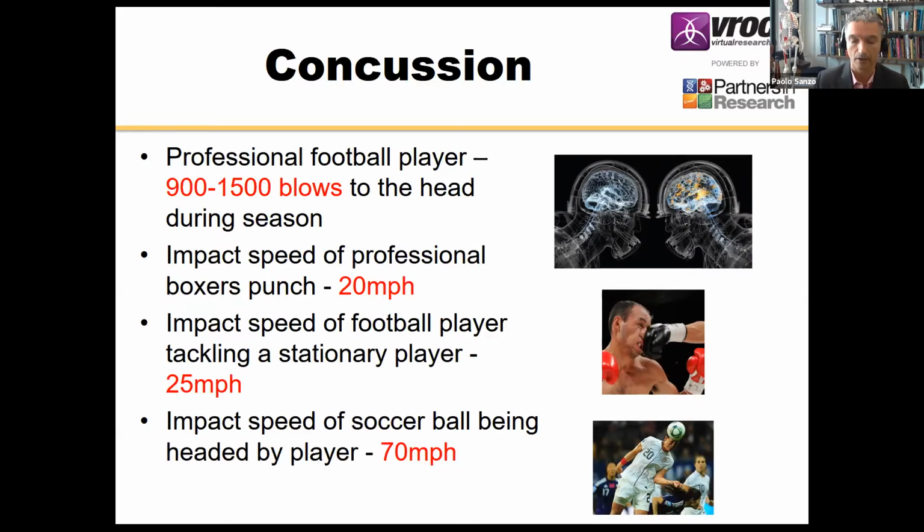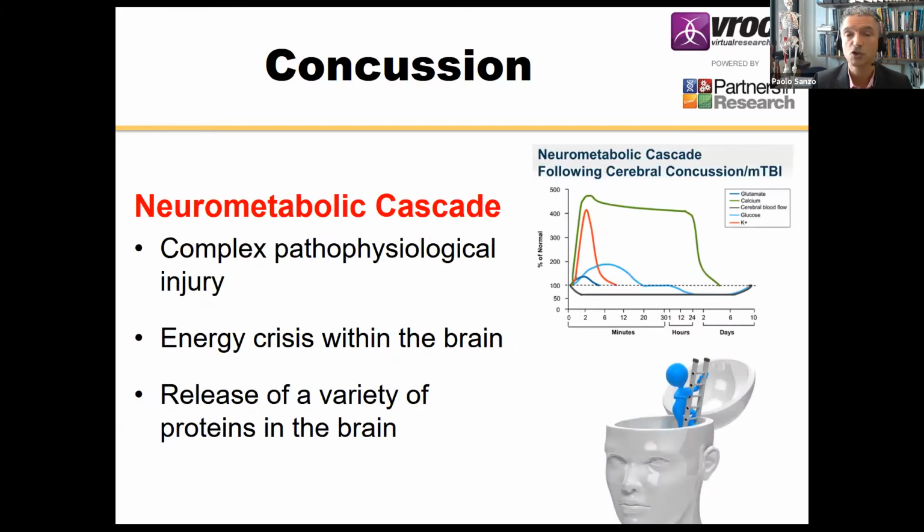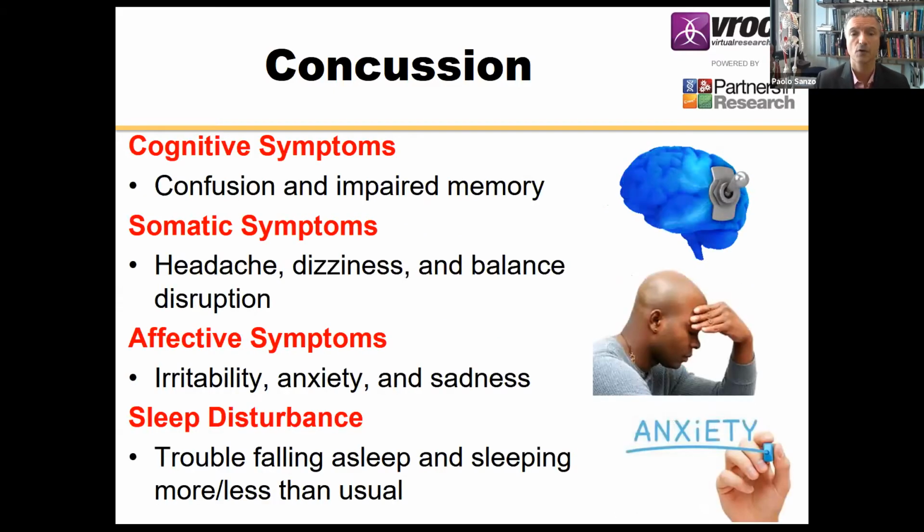It's a lot higher. Now, essentially, once this collision or concussion occurs, it's a complex process that occurs within the brain. And for the purposes of this talk, I'm not going to go into all of the details, but it creates a crisis. Essentially, a lot of proteins are released within the brain itself, and it creates a variety of different symptoms.